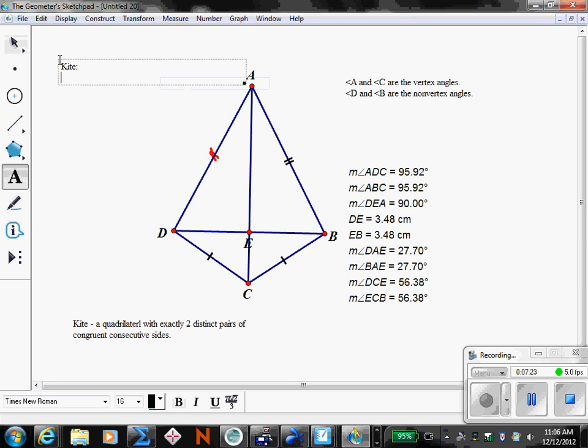here are the four things that you need to know, and we will make them conjectures. The non-vertex angles are congruent. The diagonals are perpendicular.